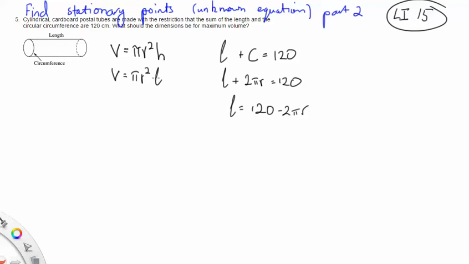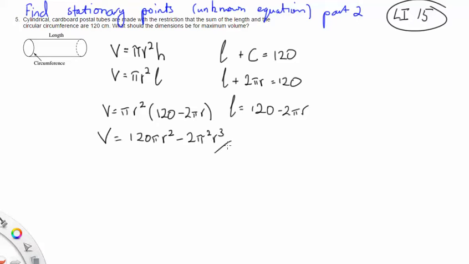Now we can sub that into there. So V equals pi r squared times (120 minus 2 pi r), which equals 120 pi r squared minus 2 pi squared r cubed. Voila, there's your volume formula.